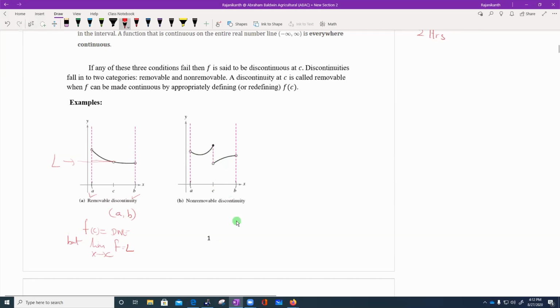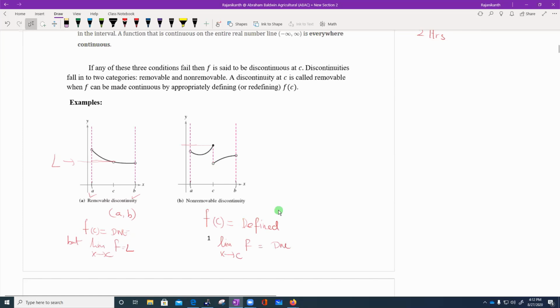Therefore, in the second picture, the function at C is defined now. The function value is simply here, you see the dot, right? So the function has a value now, but what is the limit of the function? Now this is the thing. We don't have a limit now.